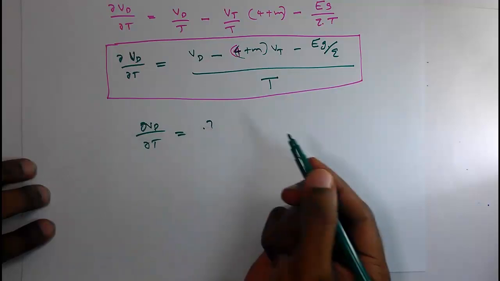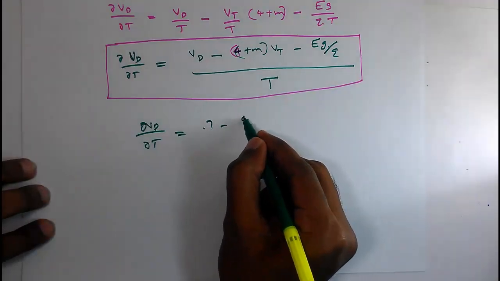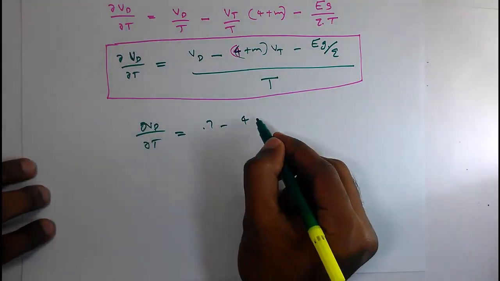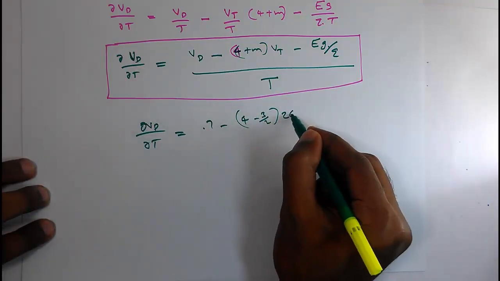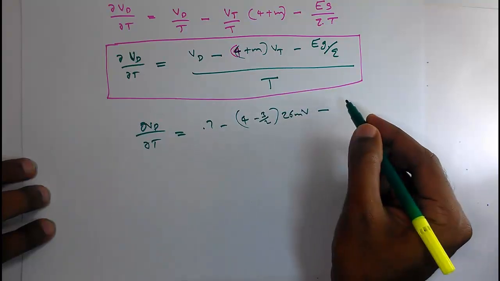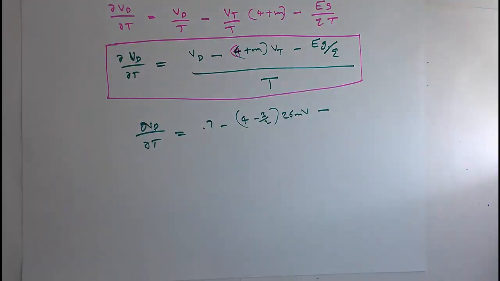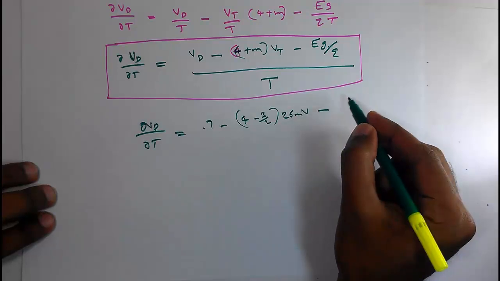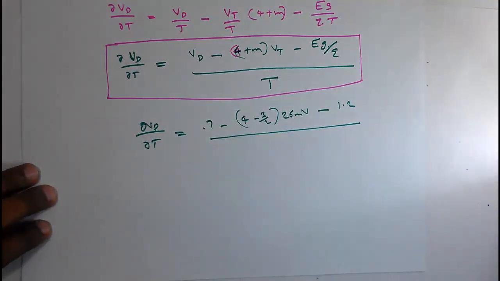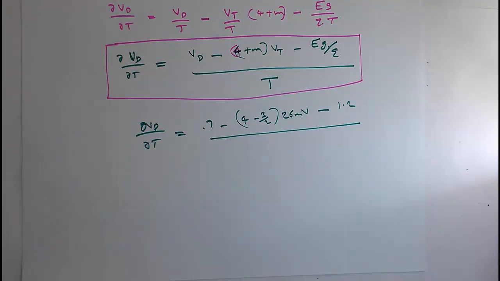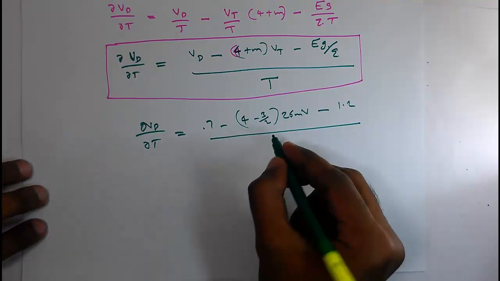We are assuming it as 0.7, minus (4 + m), where m is minus 3/2, into Vt, which is 26 millivolt, minus Eg/q. Eg is near 1.2 electron volt, so Eg/q we can write as 1.2 divided by temperature. Now we are calculating the slope, ∂Vd/∂T at 300 Kelvin.